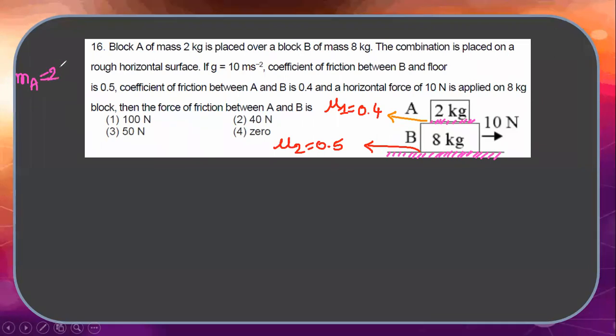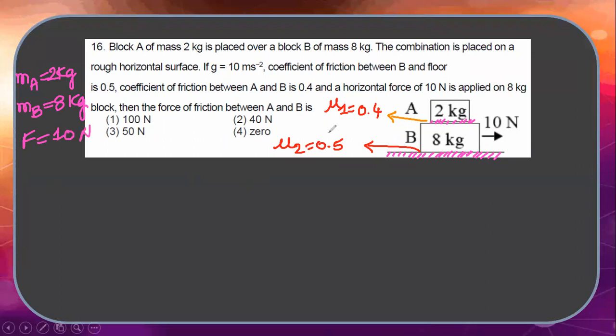MA is equal to 2 kg, MB is equal to 8 kg. The coefficients of friction mu1, mu2 are provided, and the applied force F is 10 newtons.